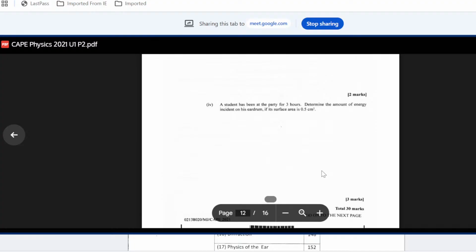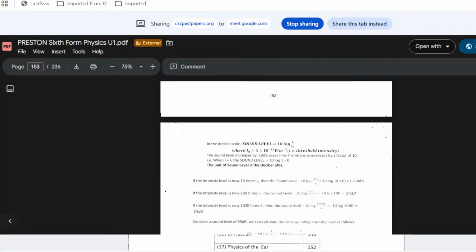So what formula would you use for this? Would it be the same? No, that's not sound intensity. It said the energy. Yeah, energy.